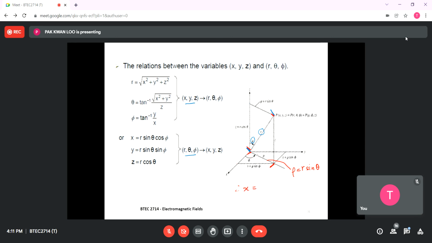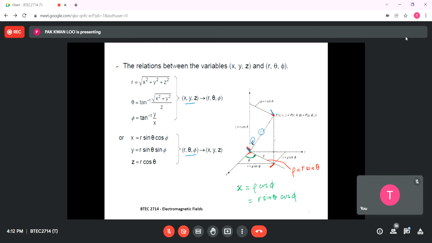Given that this is phi, x is just the projection of the length rho onto x, which is rho cos phi. So I can write this as r sine theta cos phi.